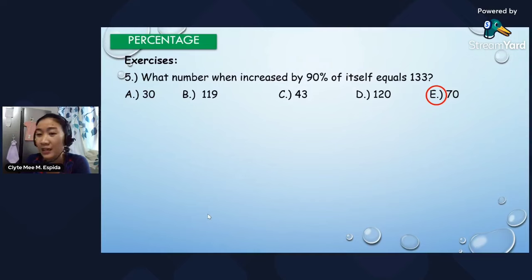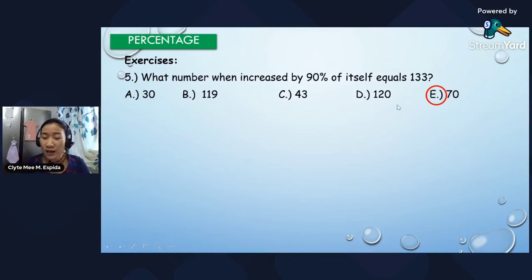Kunin mo yung 90% ng bawat number sa choices at i-add mo sa kanya, sa sarili niya. That should be equal to 133. So we tried 70. So 70 times 0.9 or 90%, that is 63. 70 plus 63 is 133.